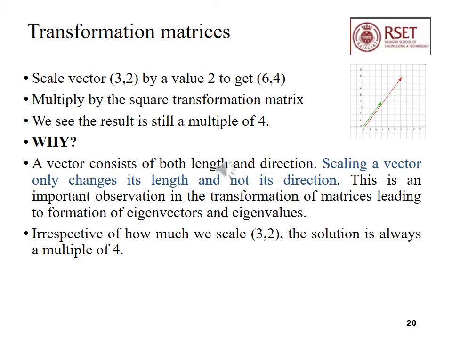Because we already know that a vector contains both length and direction. So scaling a vector only changes its length and not its direction. This is an important observation in the transformation of matrices, leading to the formation of eigenvectors and eigenvalues. What is meant by eigenvalues and eigenvectors will be explained in the further slides.